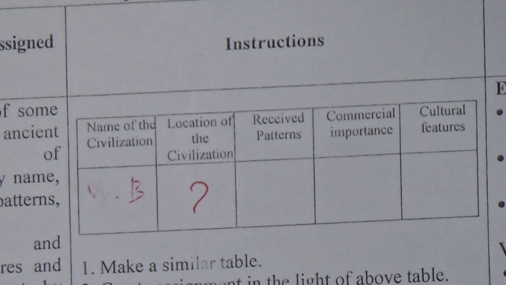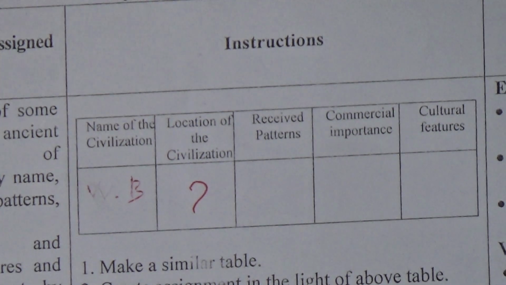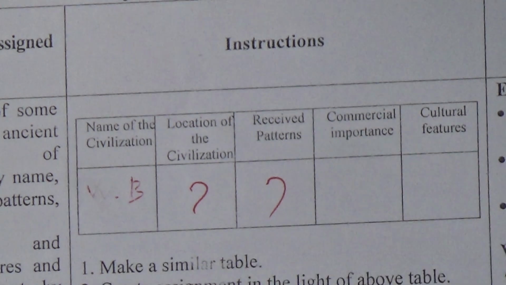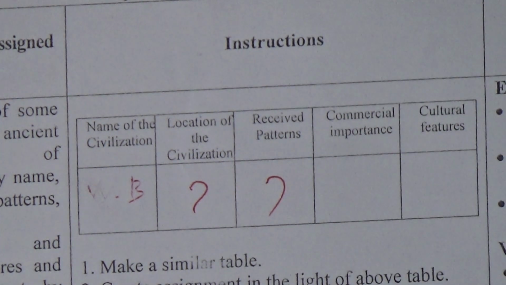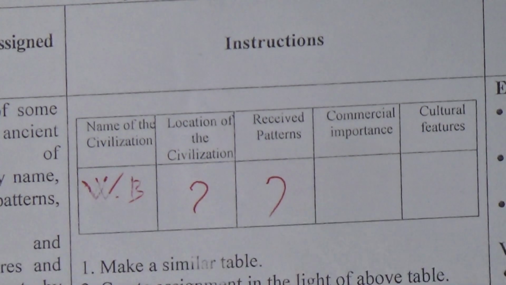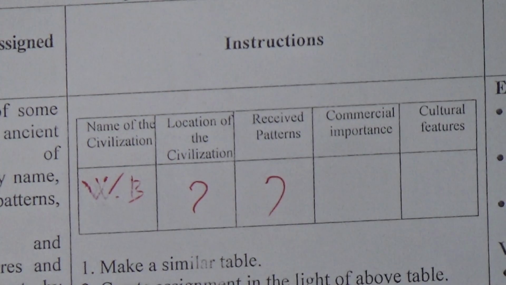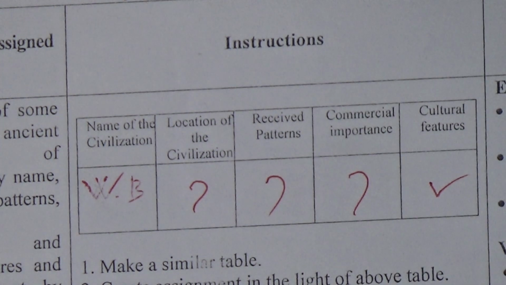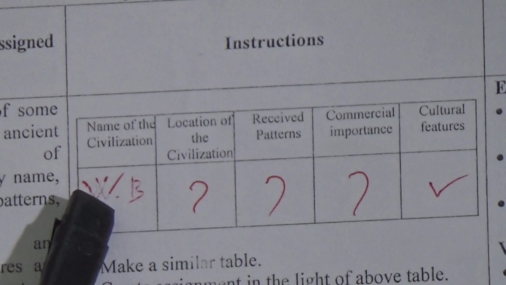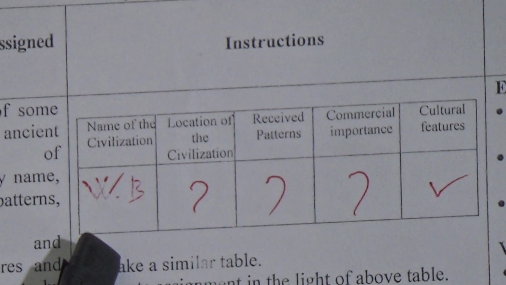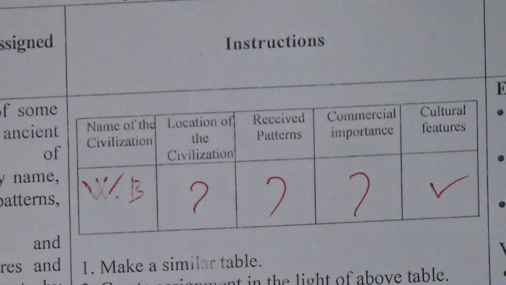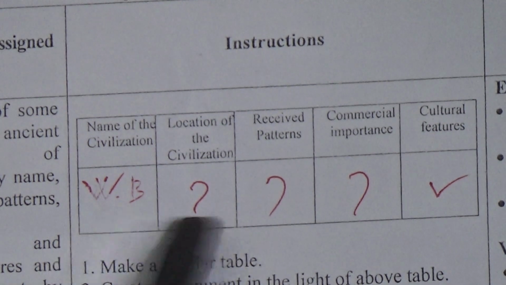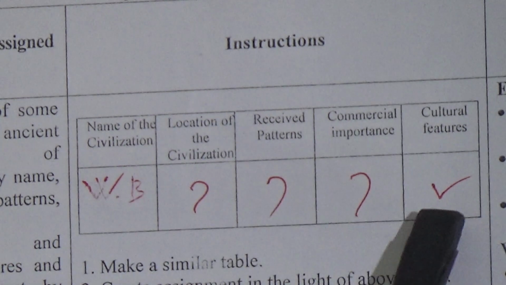Then received pattern, that means which things were available there at that time. Then commercial importance, that means how much importance it had at that time regarding commerce. Then cultural features: what were its cultural features? It's only Wari Boteshwar. Then you will show all the other civilizations, which you will get from your book, and solve them by my instruction. Okay.